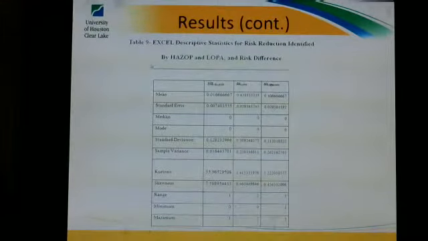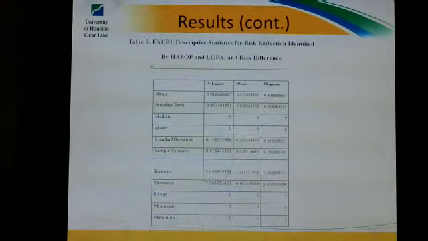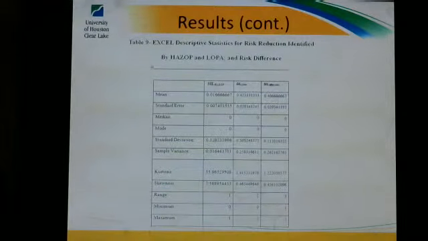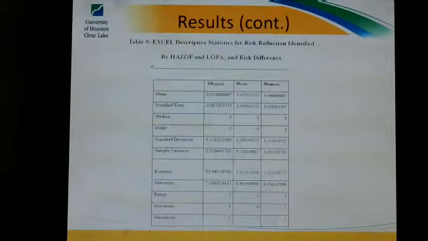And here's the data for the three SEAL levels. As you can see, the amount of risk reduction identified by the LOPA study was almost 4 times higher than the amount identified by the SEAL HAZOP. As you can see, the SEAL difference is greater than 1, at 0.4.